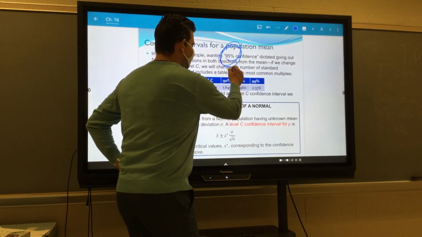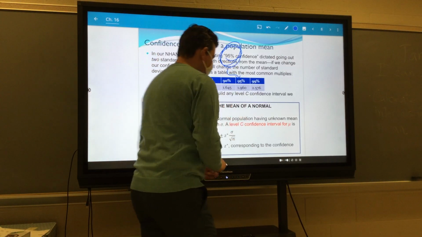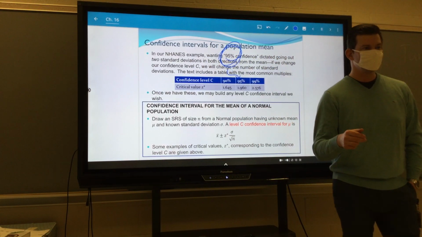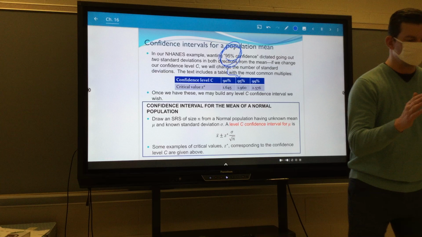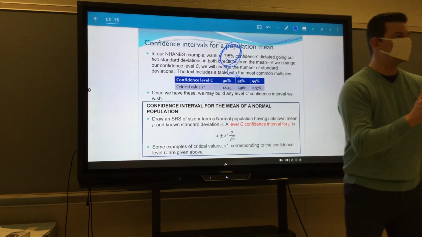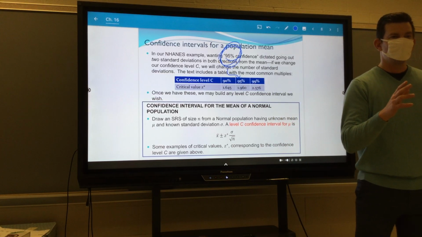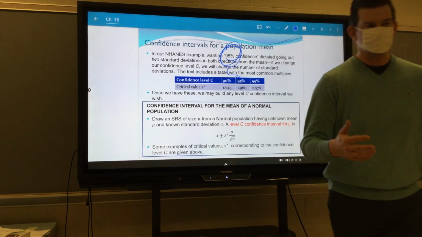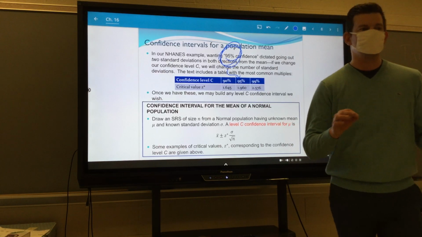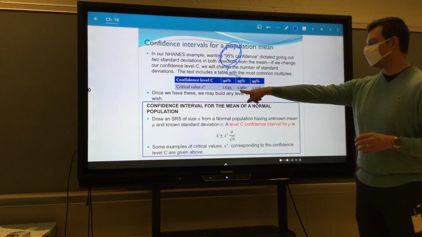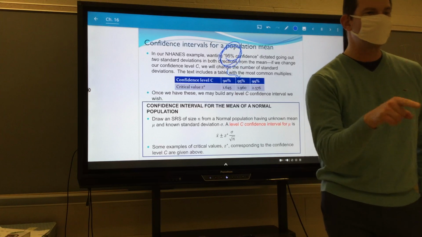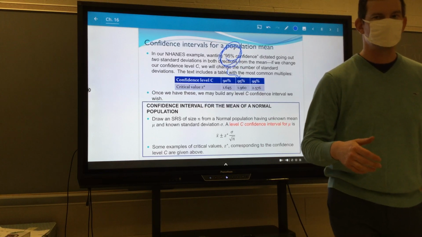Looking at this 95%, okay, we had shown with the empirical rule that it was 2 standard deviations below and 2 standard deviations above. Well, I've kind of been lying to you for the last several months. It's not exactly 2 standard deviations. It's actually 1.96 standard deviations if you were to look at the z-score chart precisely.